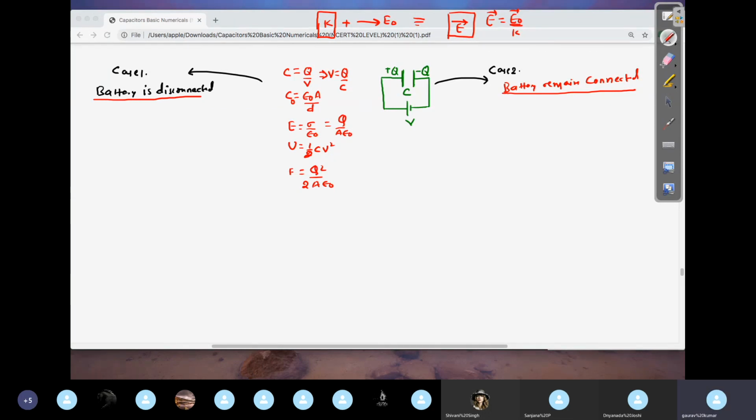Now the battery is disconnected. So there is no battery here. You have removed the battery, and then you fill this entire space with a dielectric. In the other case, the battery remains connected.